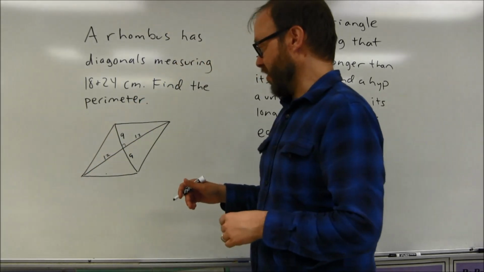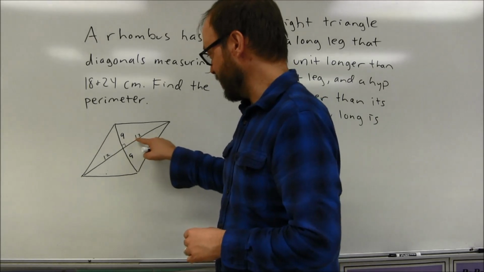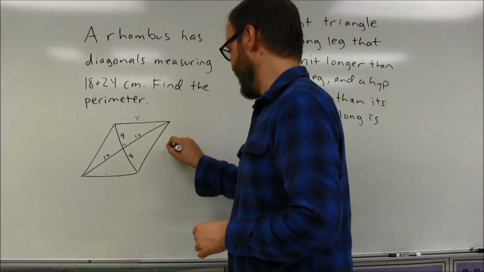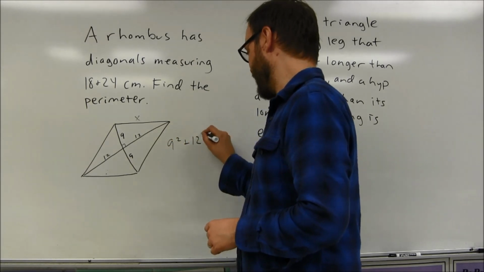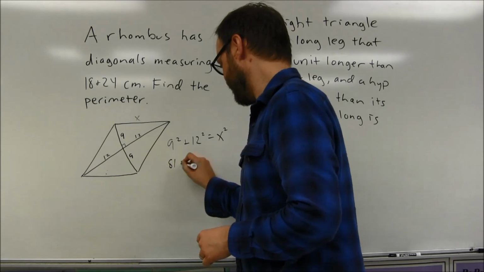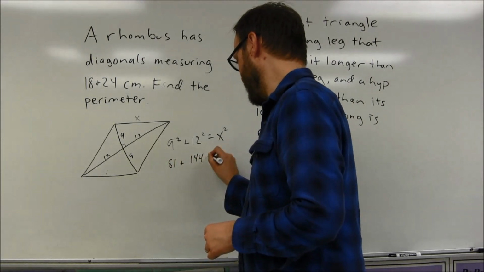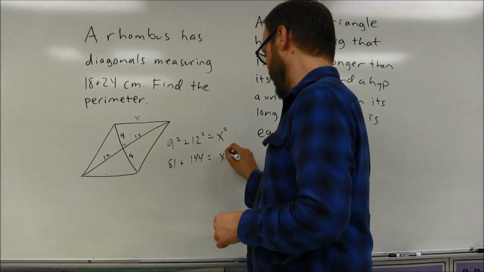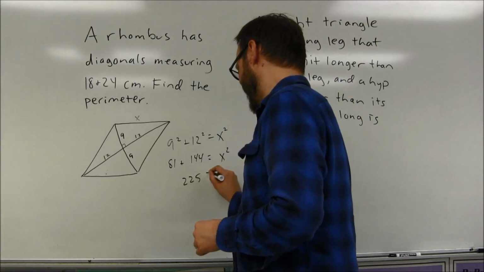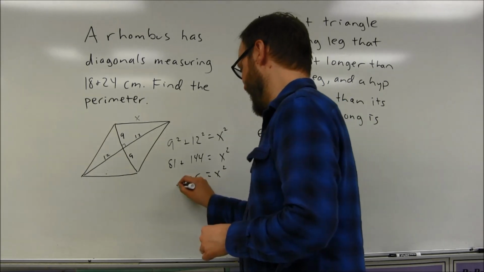So at this point, all I need to do is use the Pythagorean Theorem. I can make that side x. 9 squared plus 12 squared is going to be equal to x squared. That's 81. That's 144. If you add those together, 81 plus 144 is going to give me 225 for x squared.